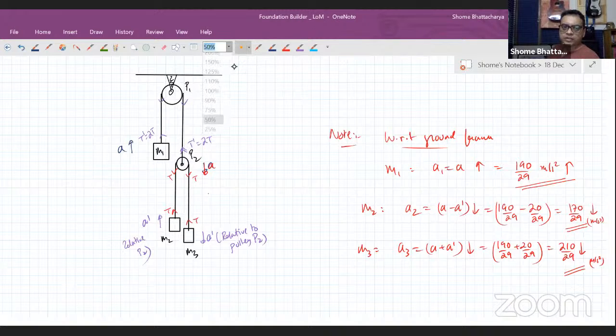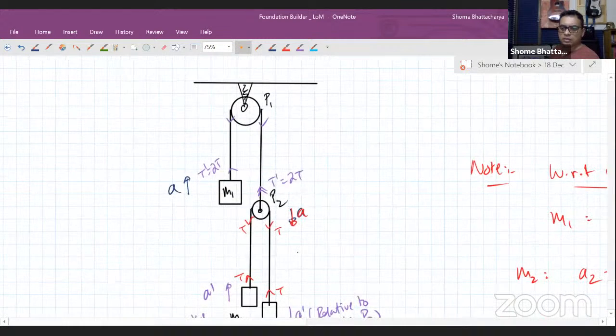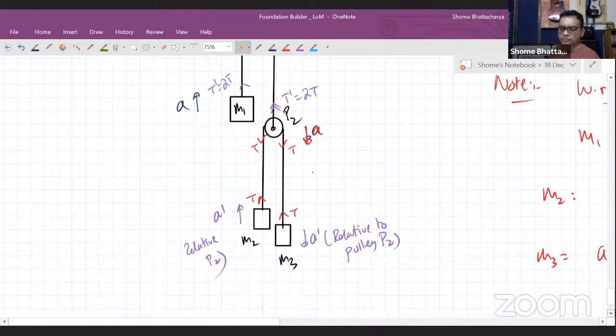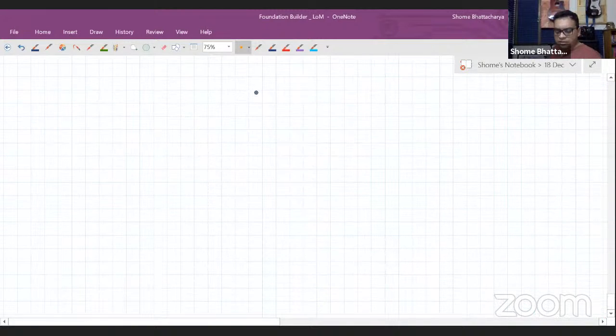So hope this question is fully clear. Now let's move on to the 31st question. The 31st is an example where we'll make use of the constraint relation concept.